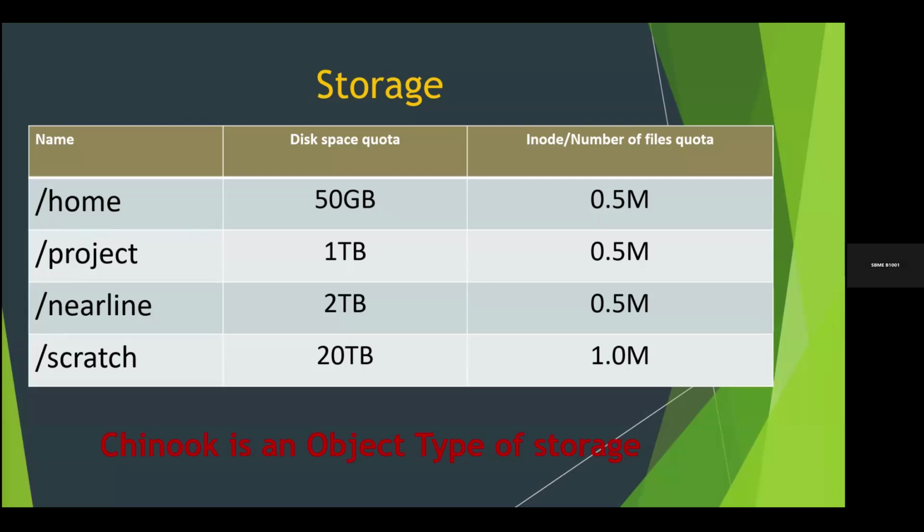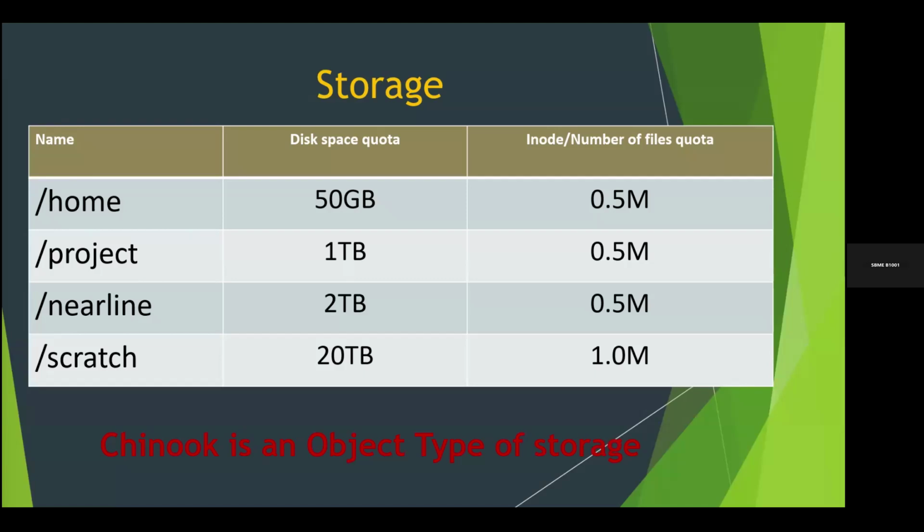Moving the data back and forth from Nearline is slow, because you have to reclaim it from the tape, then it has to be moved somewhere else. So that's long-term storage. Scratch file system, this is where you do all your computation. You can read the data from project, from home, you can read your executable from there, but whatever you are producing in terms of I/O goes to the Scratch.